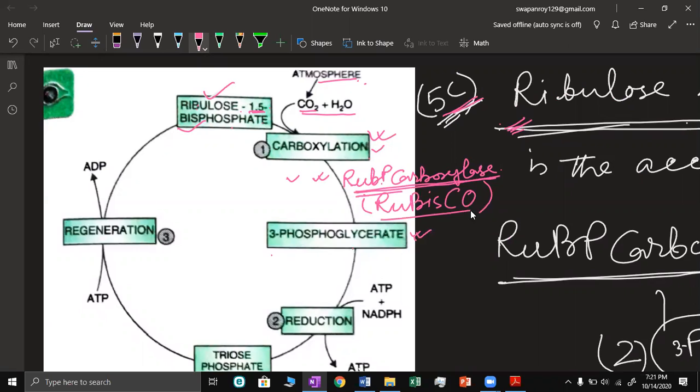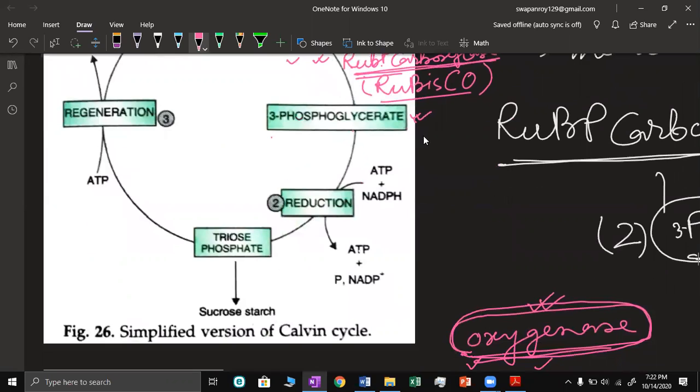All right. So catalyzed by the Rubisco enzyme, the carbon dioxide is absorbed, and RUBP is carboxylated to 3-phosphoglyceric acid.